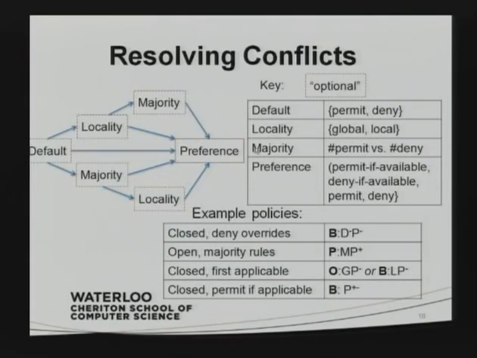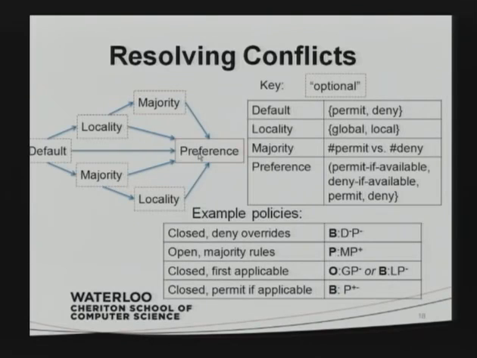If I have some number of positive permissions and some number of negative permissions, I can choose to take the majority, who has more. And that's really the only one that makes sense. I don't know of any situations where you would say, I'm going to pick the minority, the fewer ones. It just doesn't seem to make sense to me.